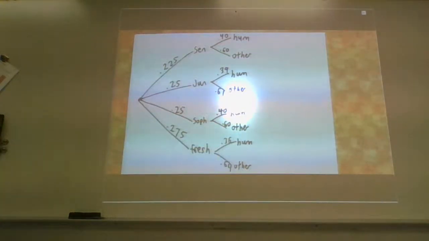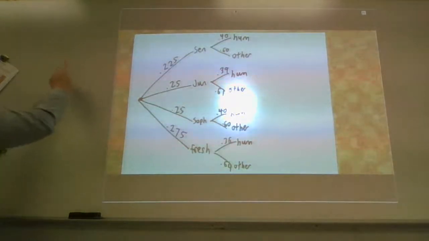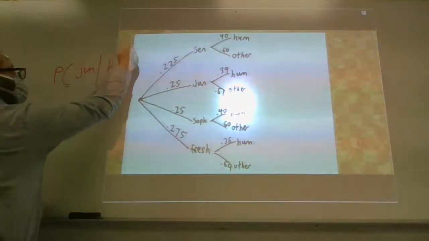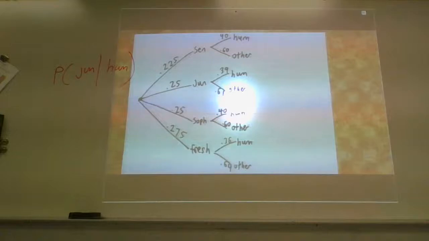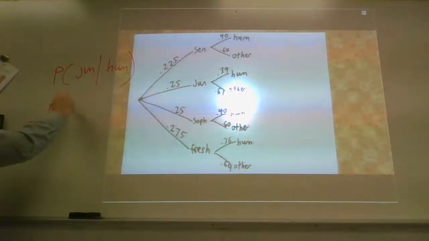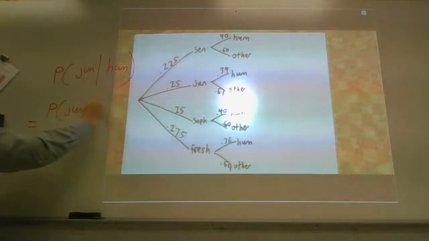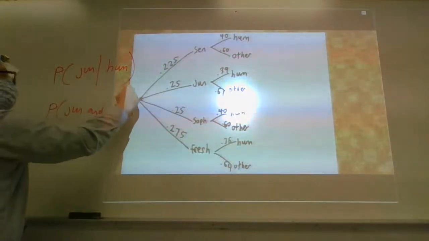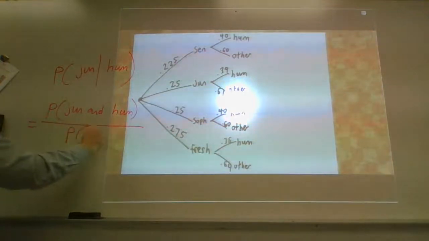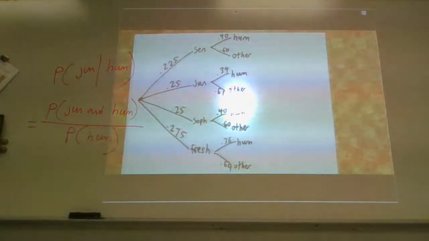The question that they are asking is, what is the probability of having a junior given that they are a humanities major? And the way that we are going to calculate that is using the formula that I gave you at the end of class last time.